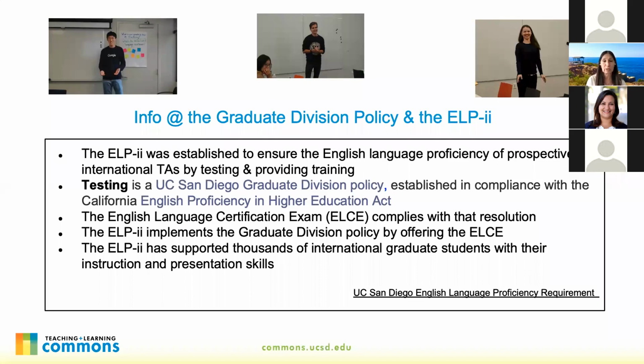All of the UC schools have a policy, not to mention the fact that it is a California state policy. At UCSD, TA positions are represented by a union. So that makes this policy an employment policy. That's why we have it.